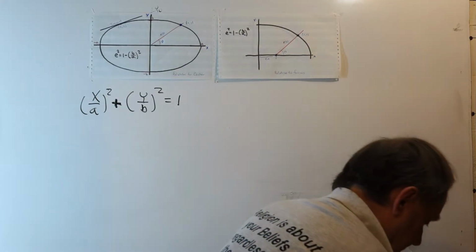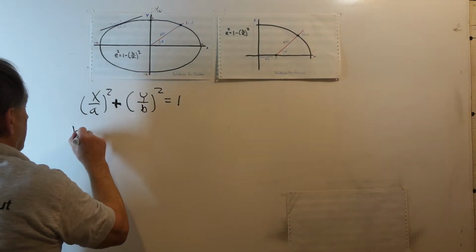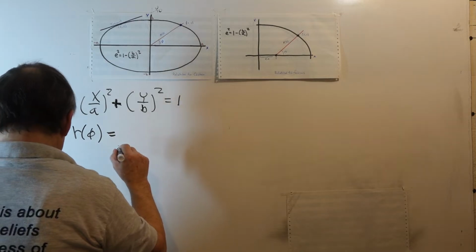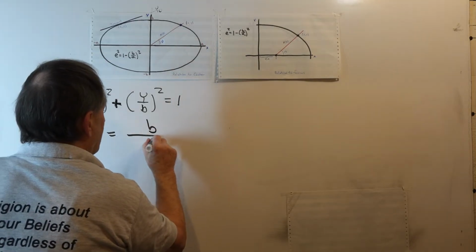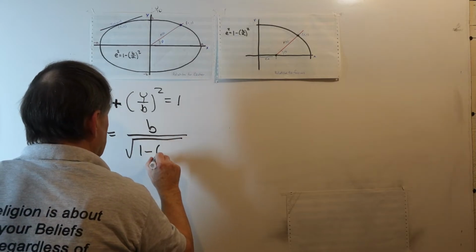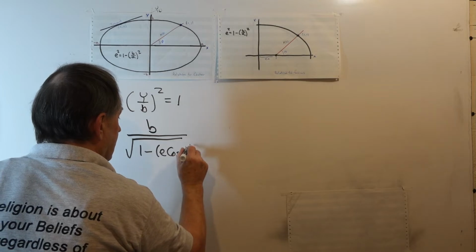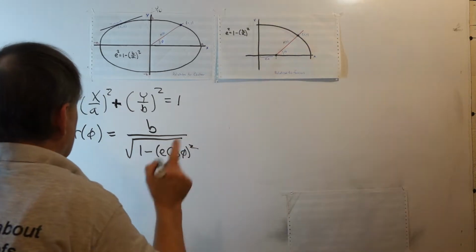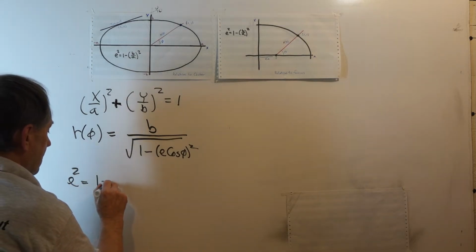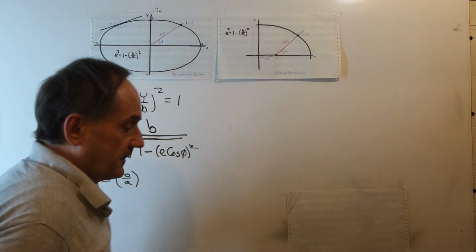In this case, the representation is r as a function of phi would be b over the square root of 1 minus e cosine phi squared, where e is called the eccentricity. e squared is 1 minus b over a, squared.